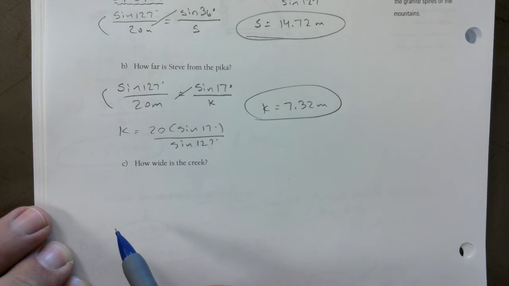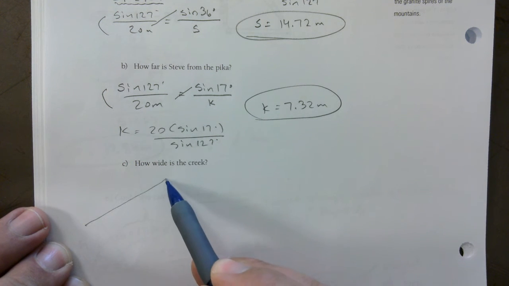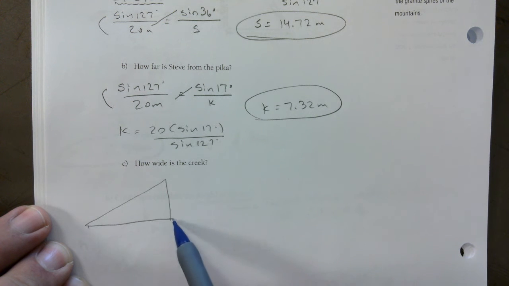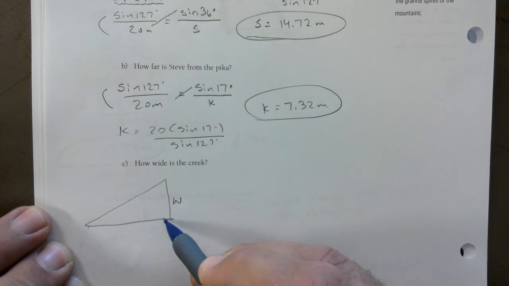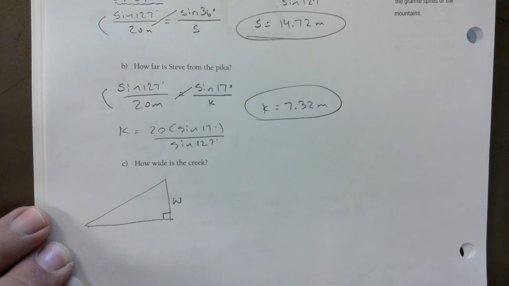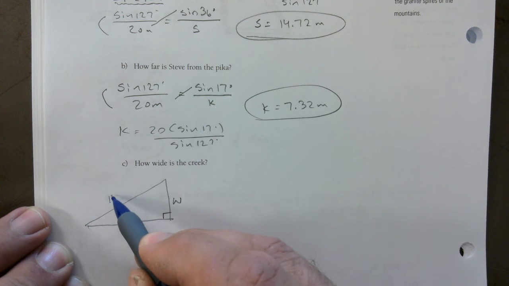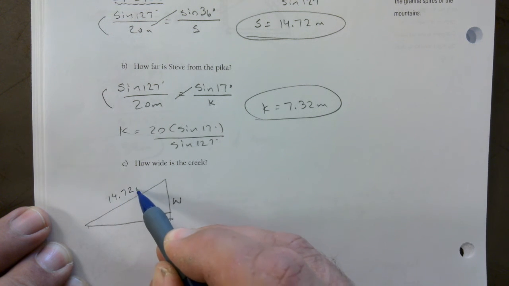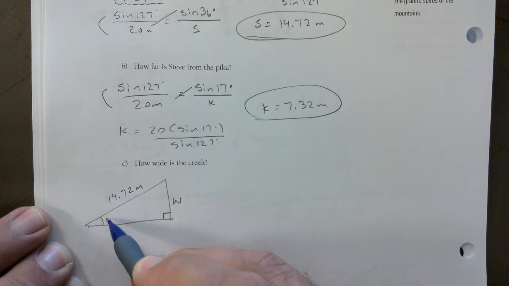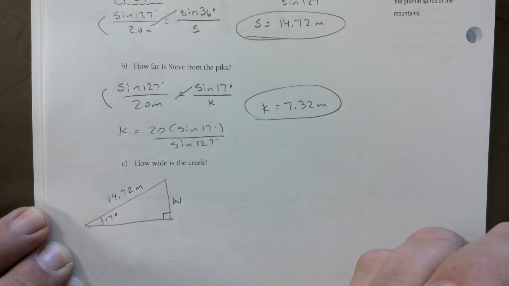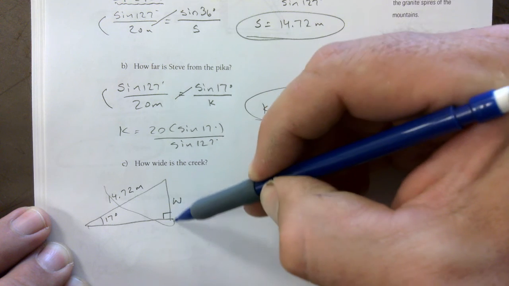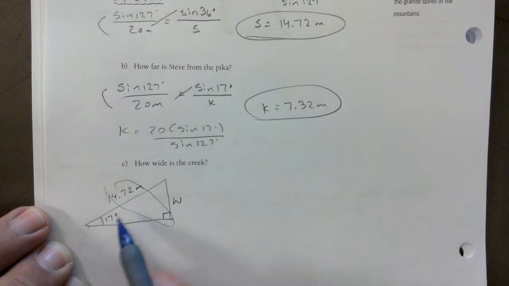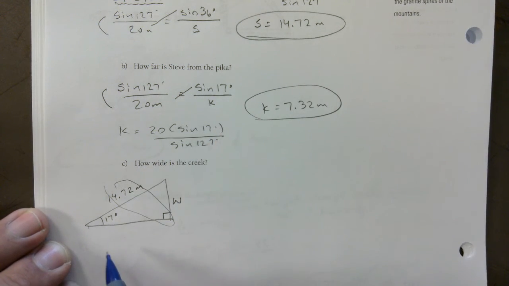So which side do you want to pick? It doesn't matter. I will pick the left side. This is W. There's a 90, of course, formed. This is 14.72 meters. I know this is 17 degrees here. I have a pair. In fact, I have both pairs that I want, right?